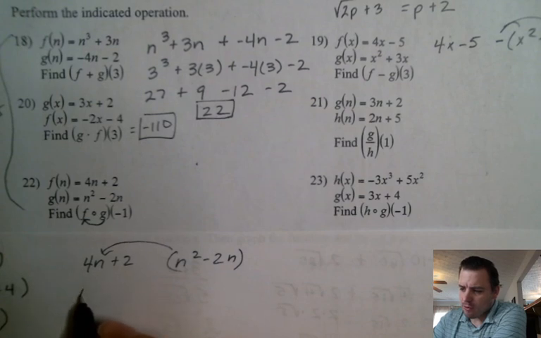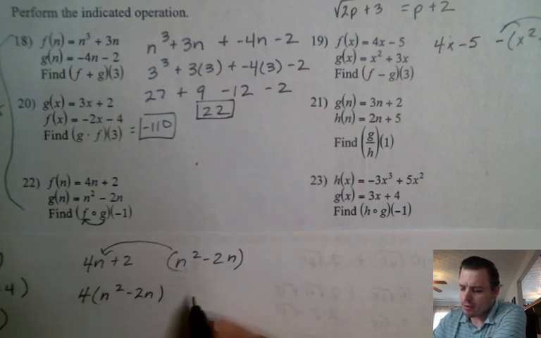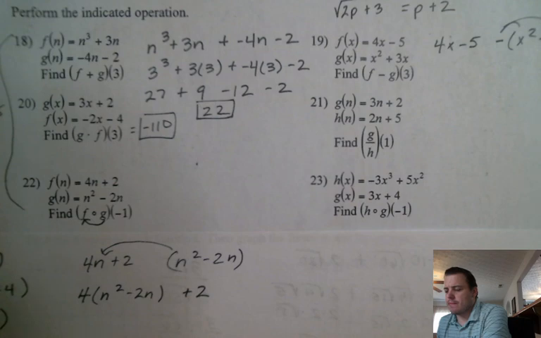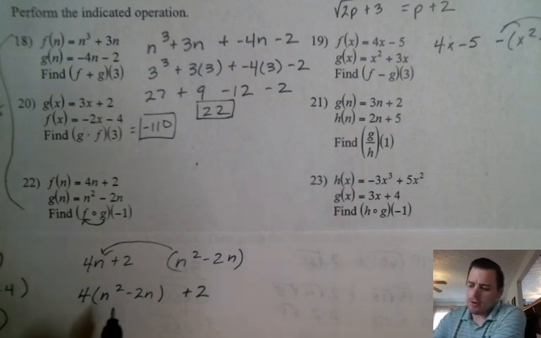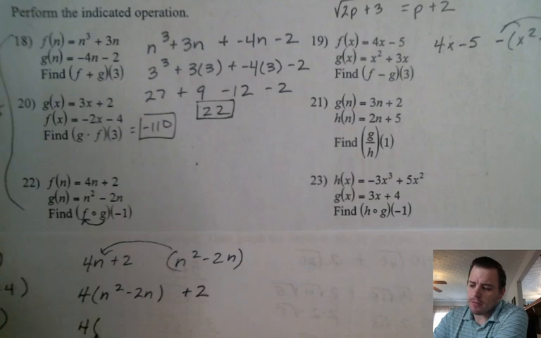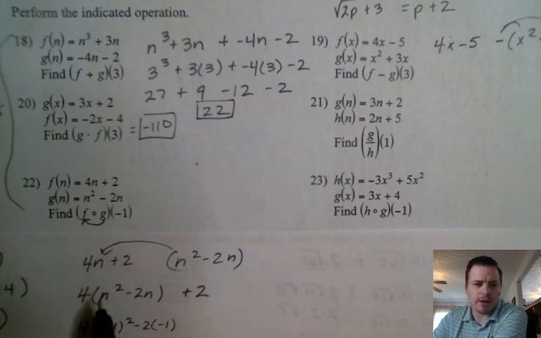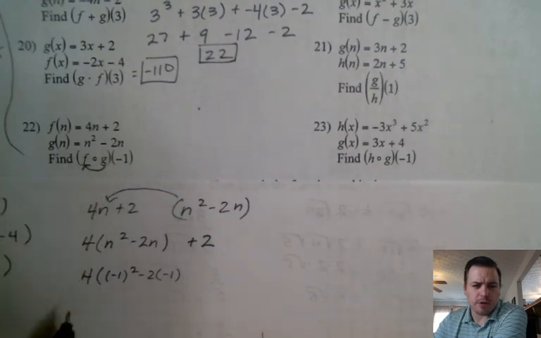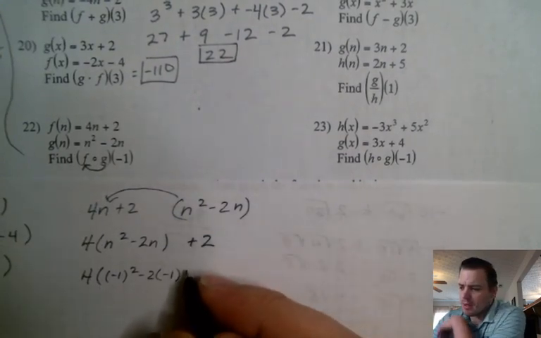So we say 4 times n squared minus 2n plus 2. So here we say 4 times negative 1 squared minus 2 times negative 1. We plug negative 1 in. We don't have to distribute because we're looking for negative 1, so we just plug that in.